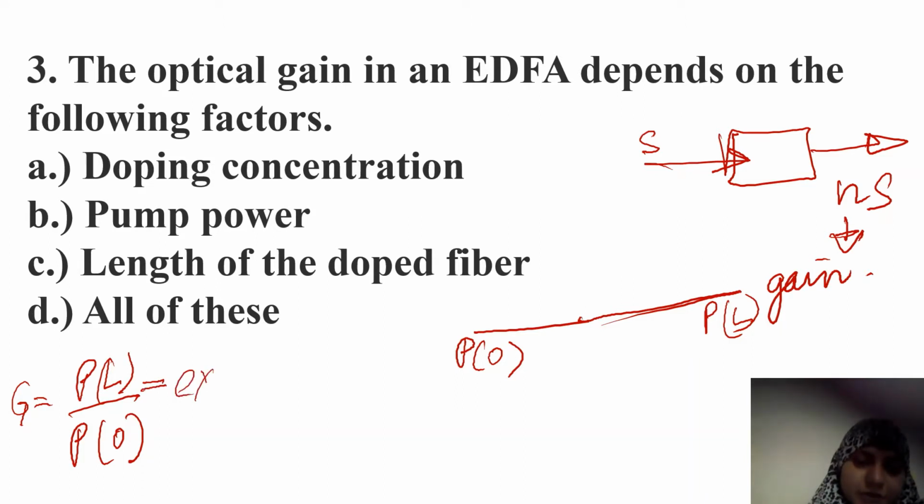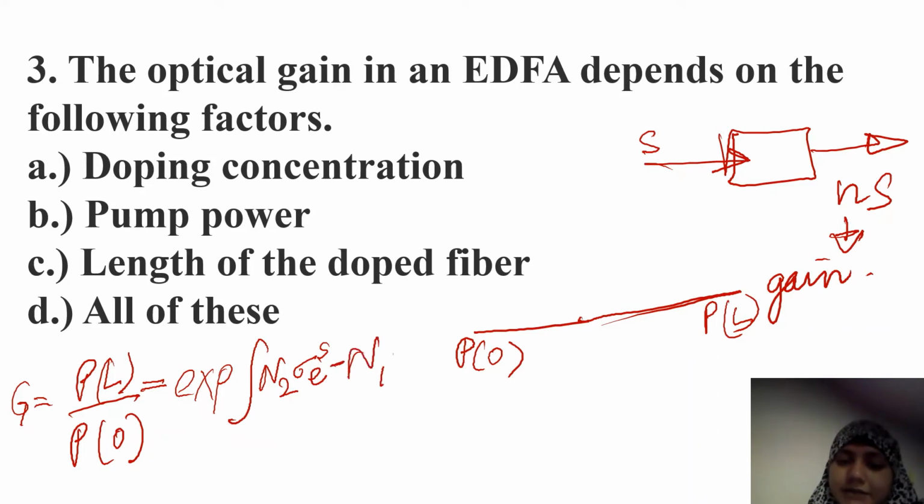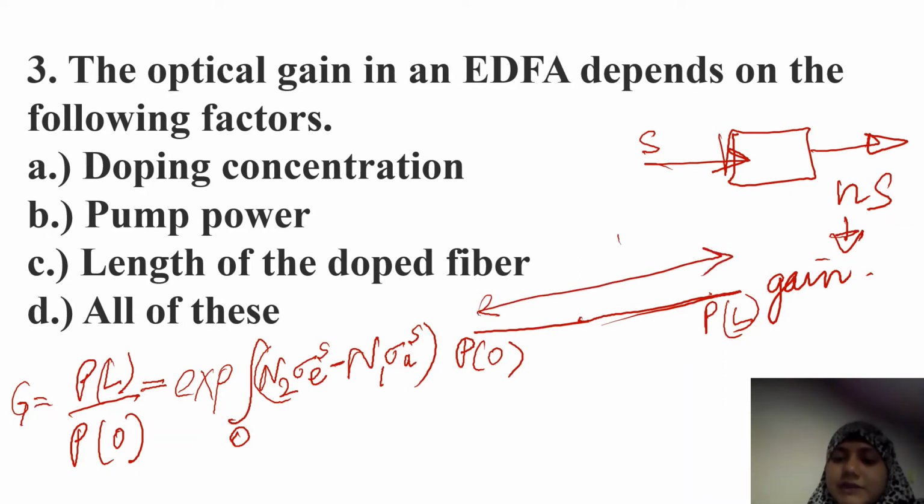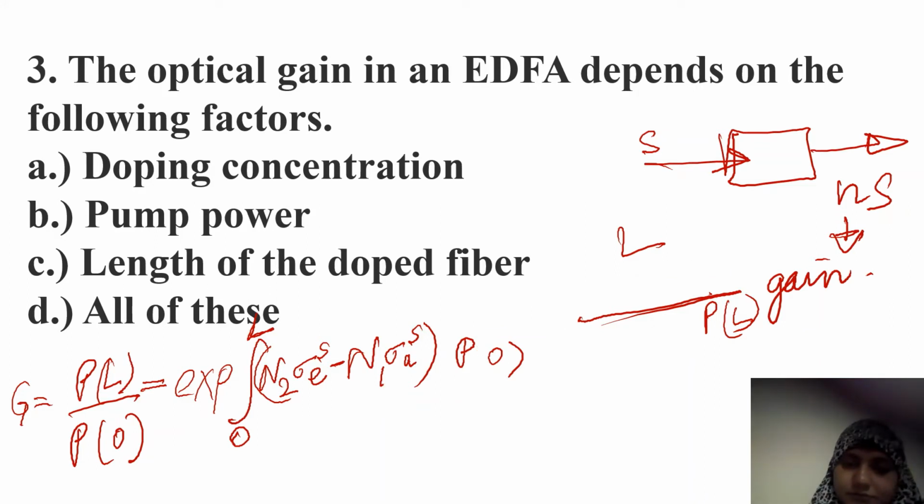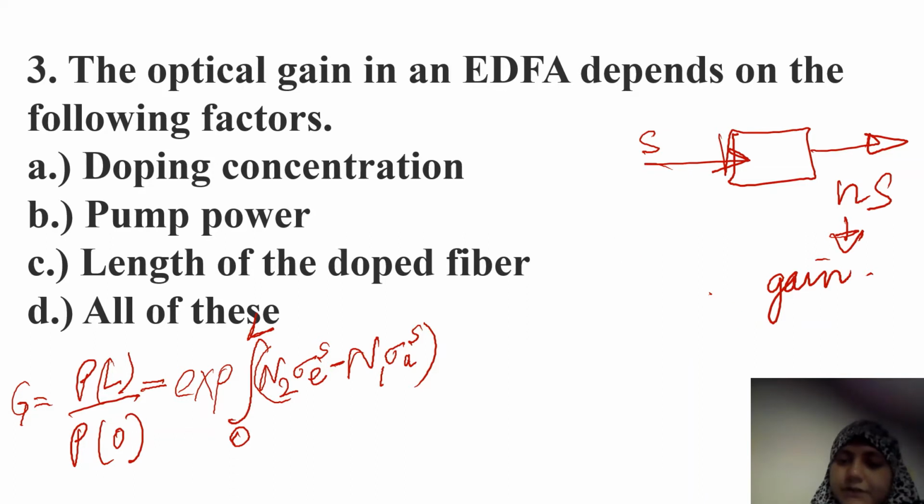This should be equal to the exponential of the integral of the atoms in the excited state times the emission cross section, minus the atoms in the ground state times the absorption cross section, and this integration is done over the whole length of the fiber, 0 to L. So this length is L. Integration is done over the whole length of the fiber.